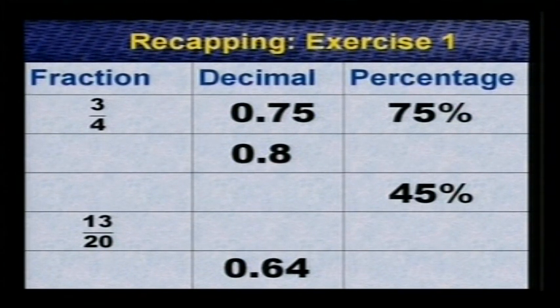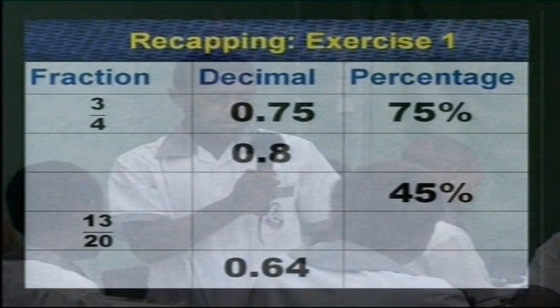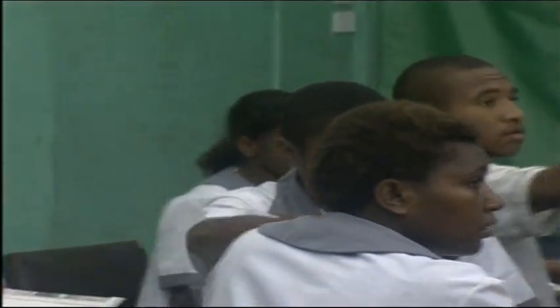Okay, let's go on to the second column. We have the first column in the fraction section. It is blank. The second column is given, 0.8. Who can give me an answer to this column as a fraction? Emmanuel? 8/10. Put your hand up if you have the same answer.